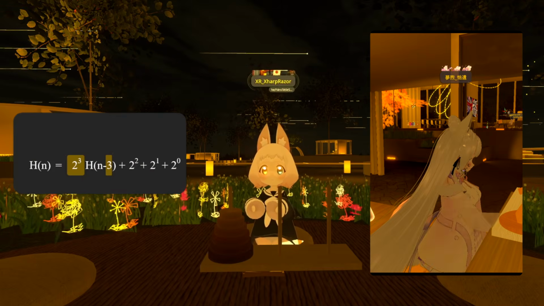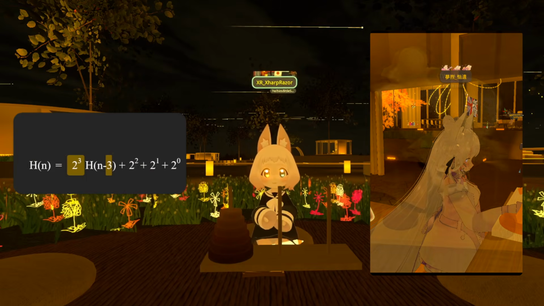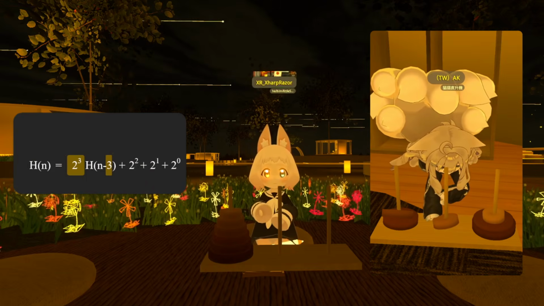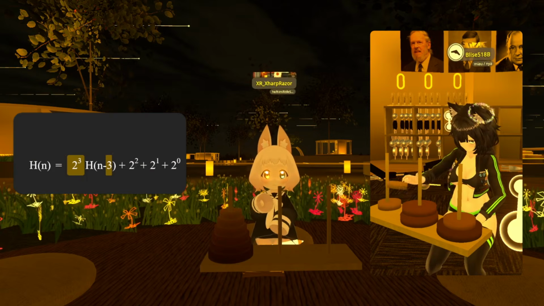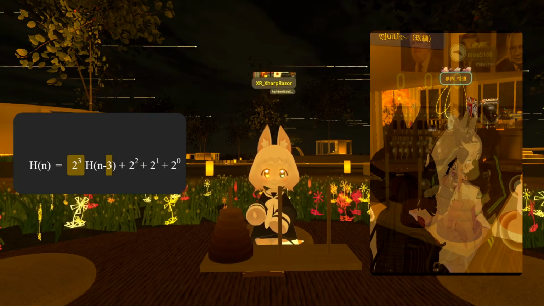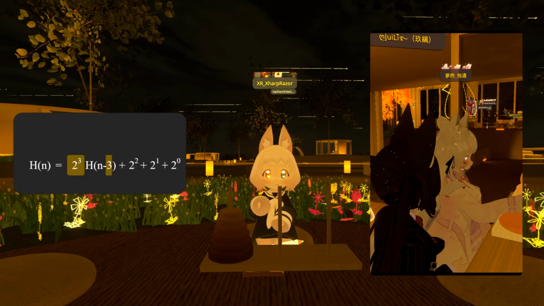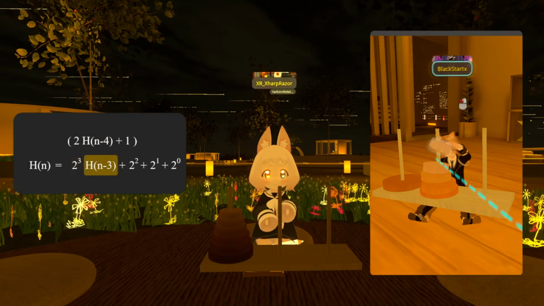Okay, cool. Let's go one iteration more and then you can see the pattern. Right now we have h of n minus 3. Let's recursively call that again as h of n minus 4. So we have 2 times h of n minus 4 plus another 1.